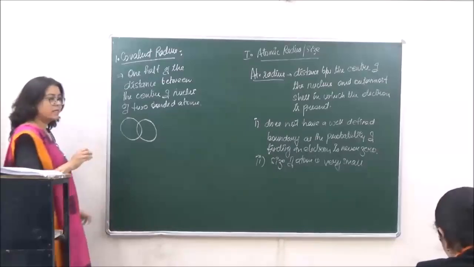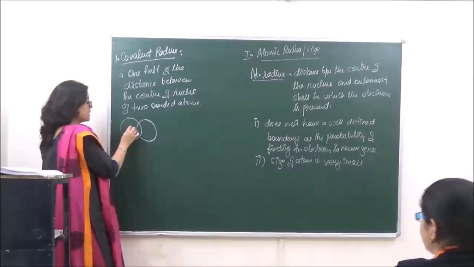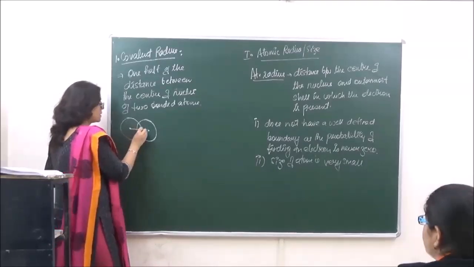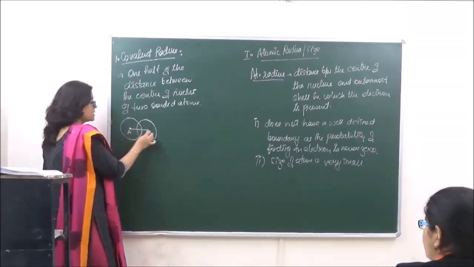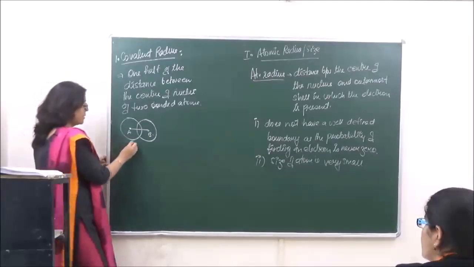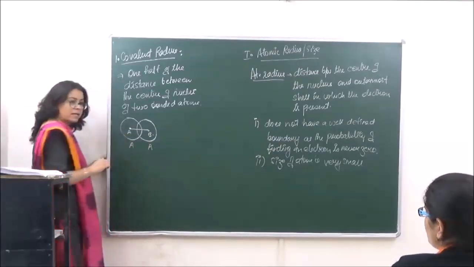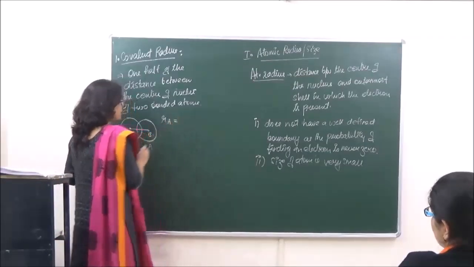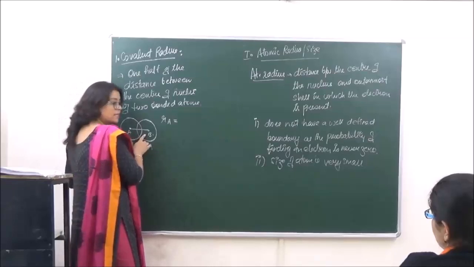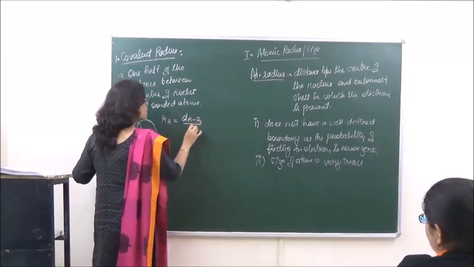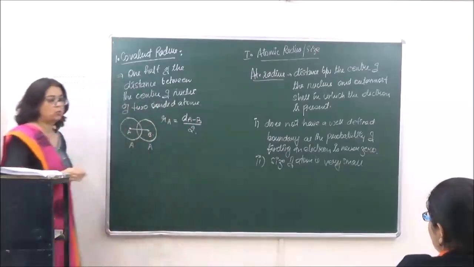So if we have two atoms which are bonded like this, and let's say this is the center of one atom, this is the center of the other atom, and the distance is AB. Let's say this is atom A, this is also atom A. So if you want to find the radius of atom A, that is going to be equal to the distance AB divided by 2.